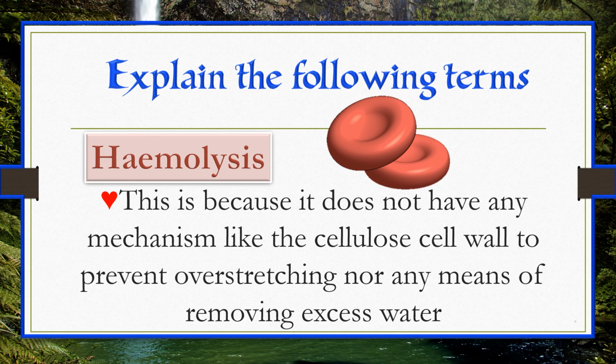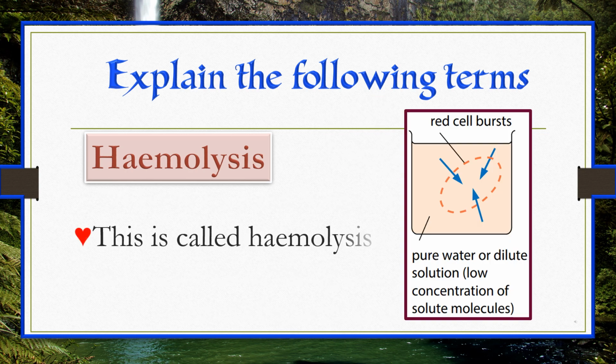So when they burst, because they don't have a cell wall to prevent them from bursting or any other mechanism of removing water, the only thing which is going to happen is the bursting. This is called hemolysis.